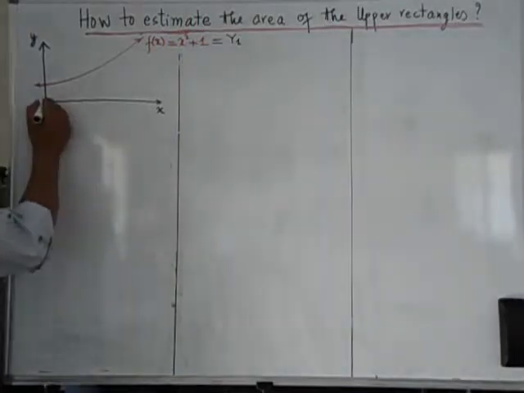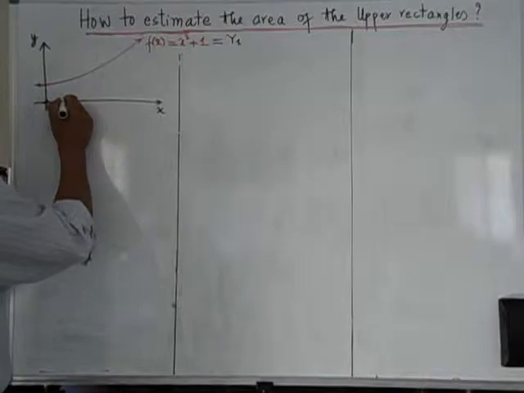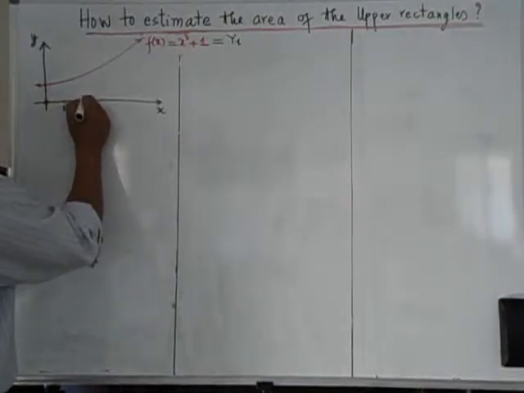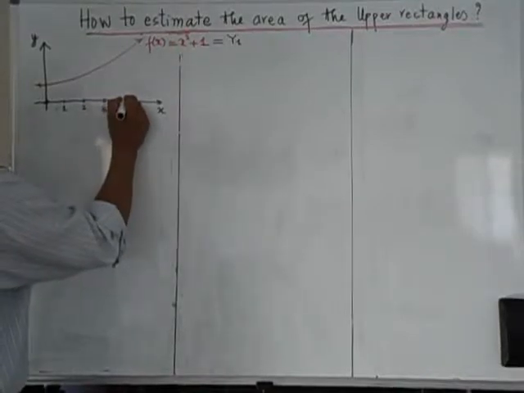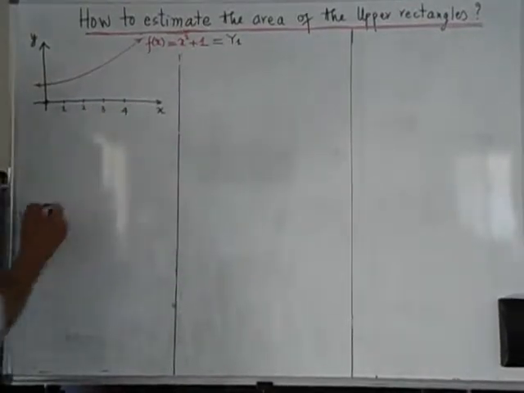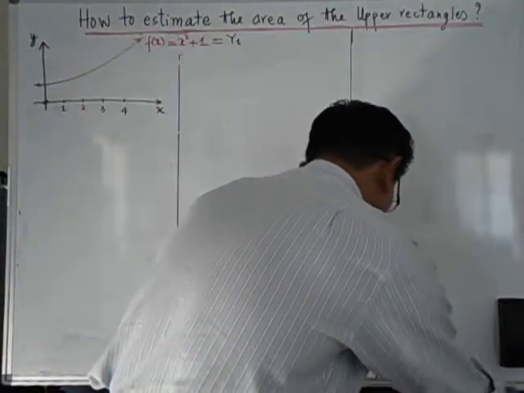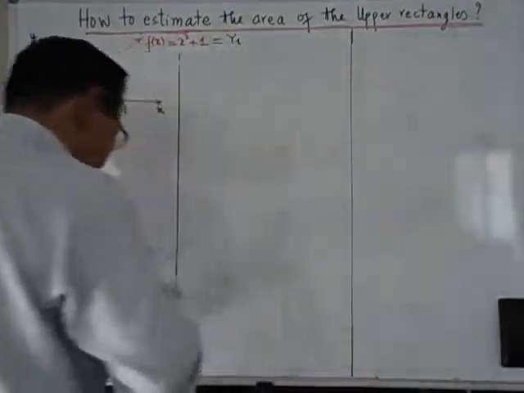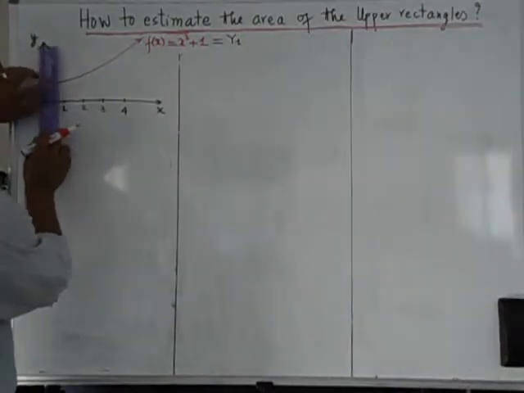From the origin, go to the right direction: 1, 2, 3, and 4. And 2, 1, 2, 3, 4.